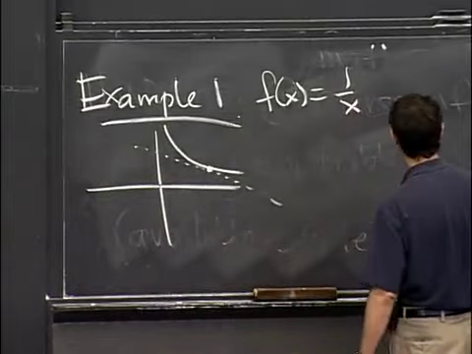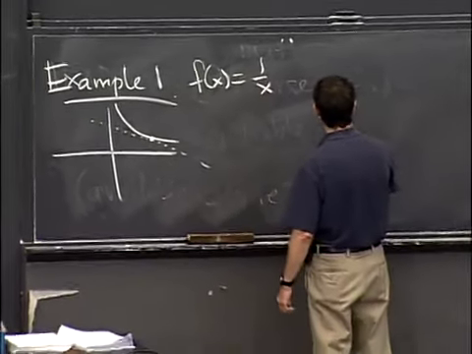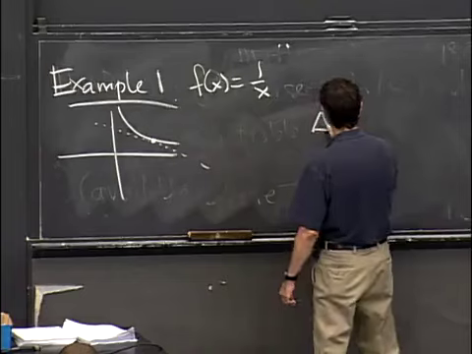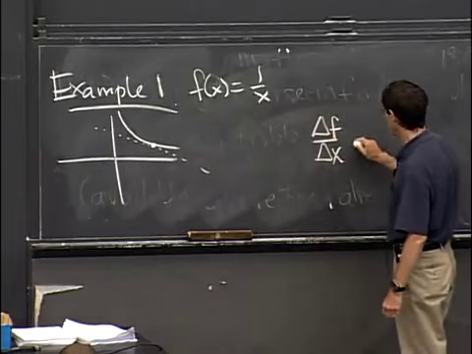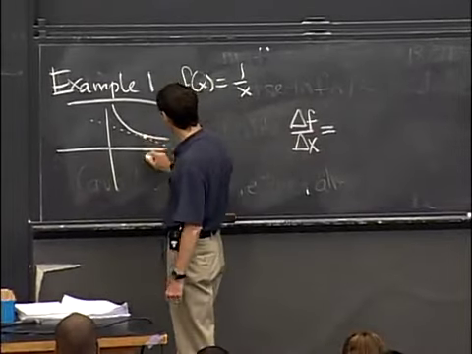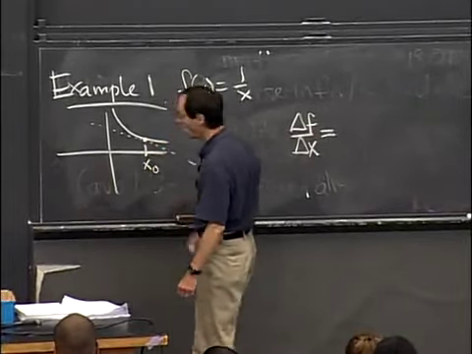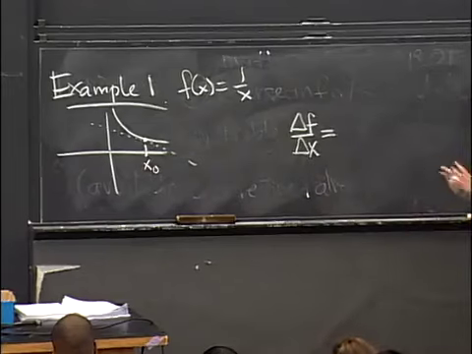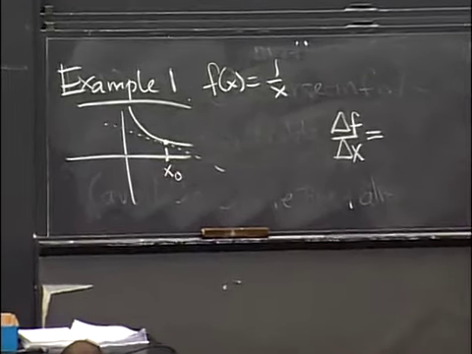So first, we consider this difference, delta f over delta x, and write out its formula. So I have to have a place, so I'm going to make it, again, above this point x0, which is a general point. We'll make the general calculation.